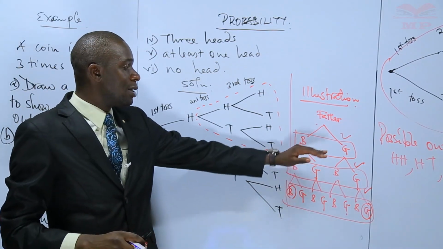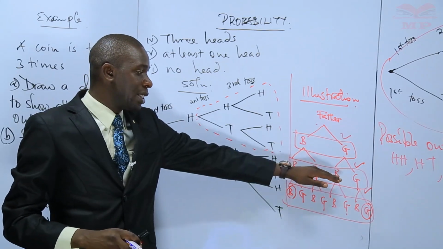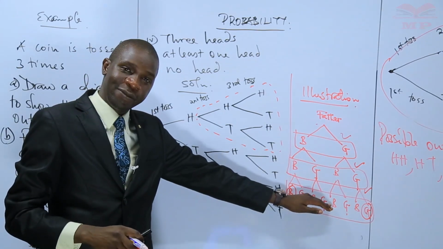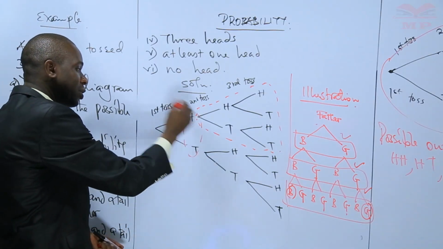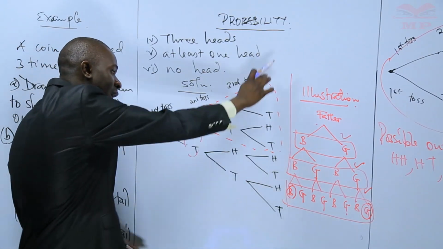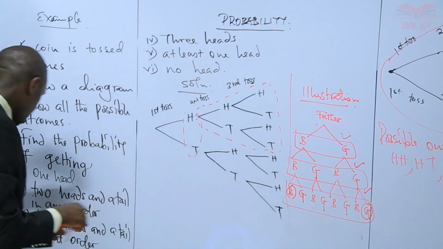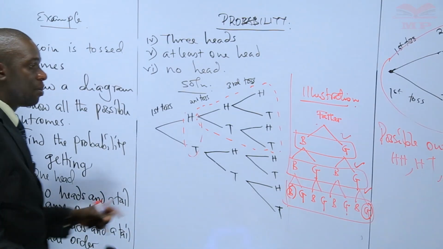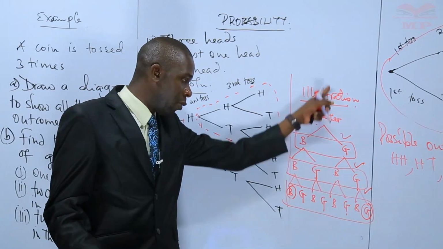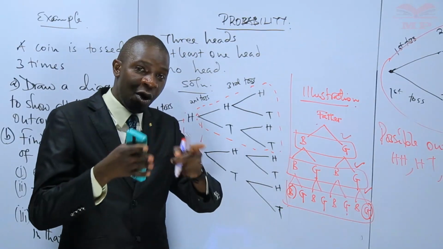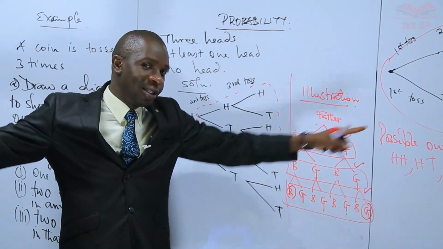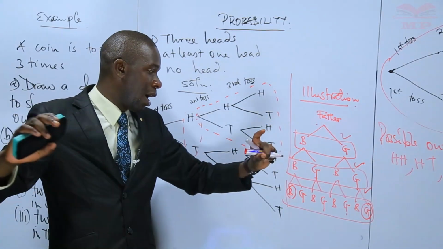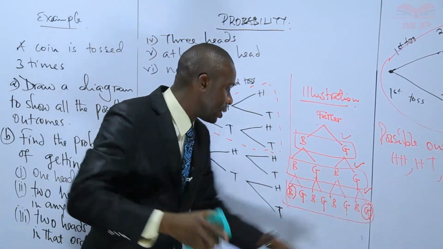So if these were coins, this would be our first toss, our second toss, our third toss. So in this instance, you can see we have our first toss, our second toss, and our third toss. We were using that to illustrate, but I want you to see that the more we continue moving, the more our sample space and the chances increase, the more our probabilities increase.